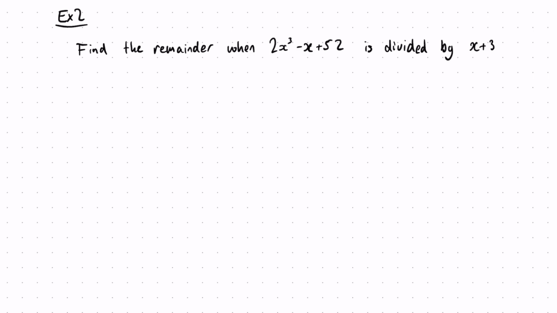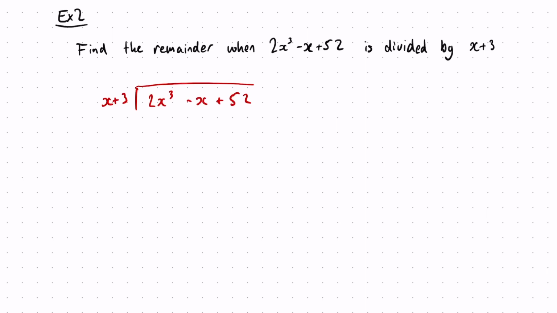So your divisor goes on the outside, so x plus 3. Our dividend goes underneath, 2x cubed minus x plus 52. Starting off with our highest power, that would be our x cubed.